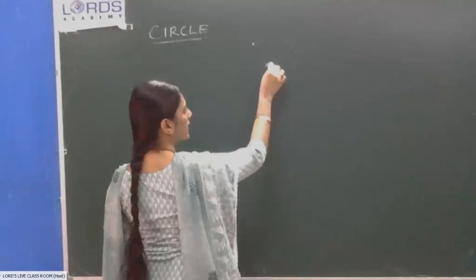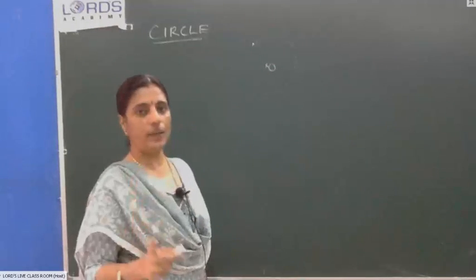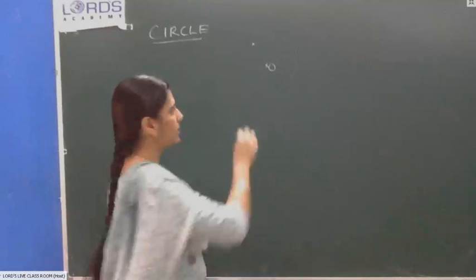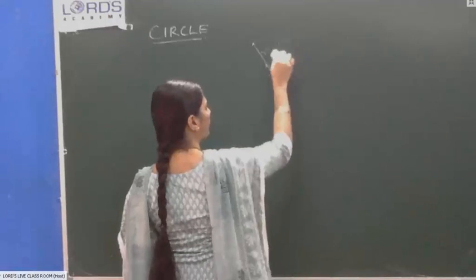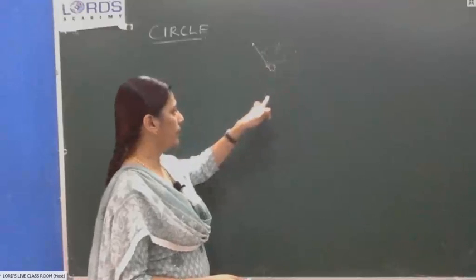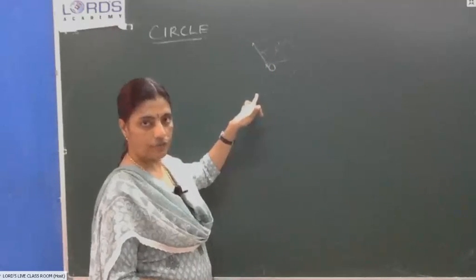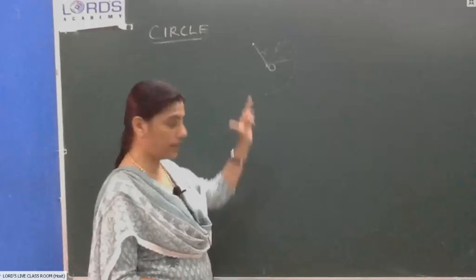The fixed point is the center O. From this O, the traveling point will follow a fixed distance. If this is R, this also R, this also R. That's the meaning. This is the traveling point, which always keeps a fixed distance from a fixed point, the center of the circle.